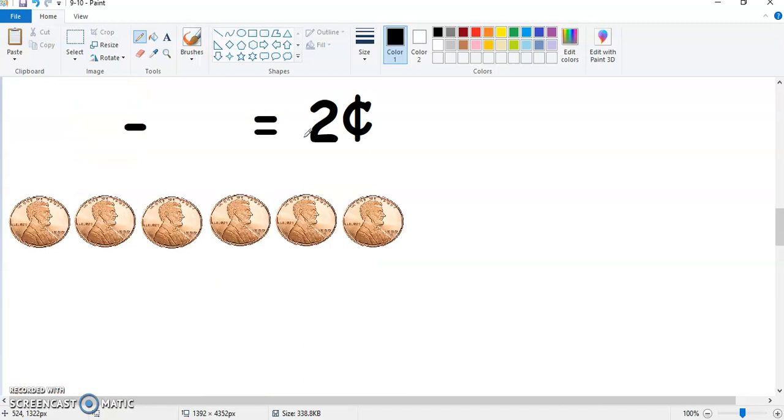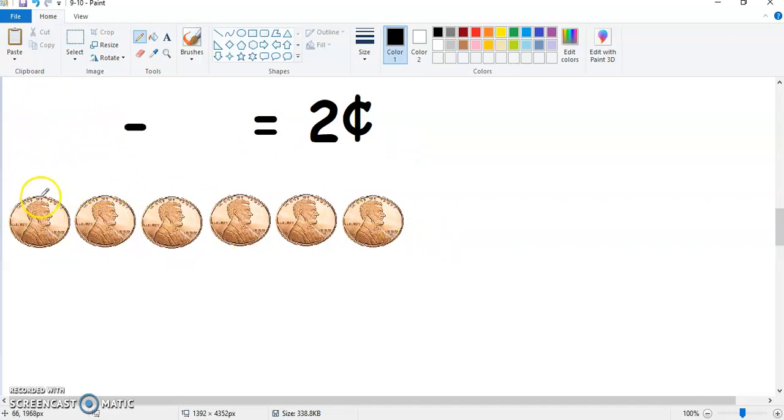Okay. The butterfly row on the back of your page, the instructions are to X some pennies to show that 2 cents is left. Then complete the subtraction. So this is what it shows you. It says something, take away something, equals 2 cents. Okay, so we know that this first number is how many we start with.